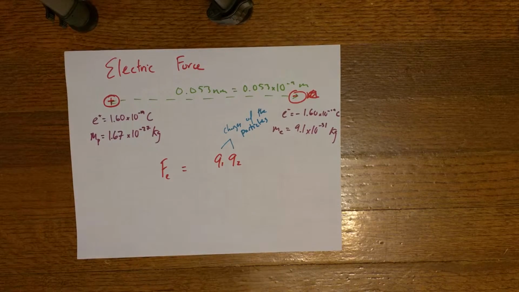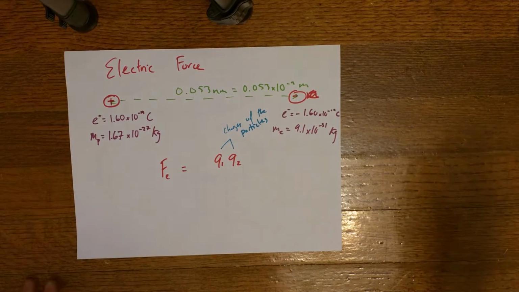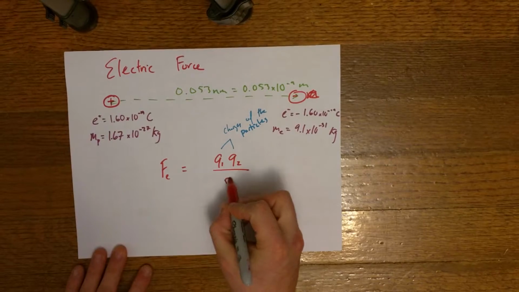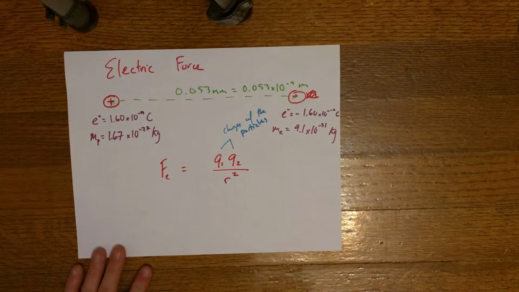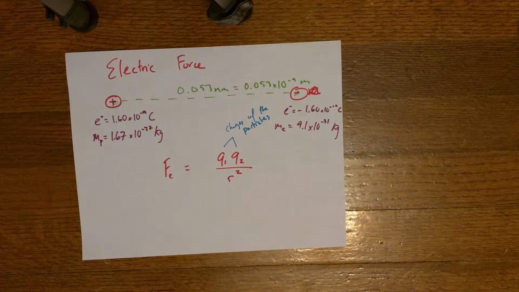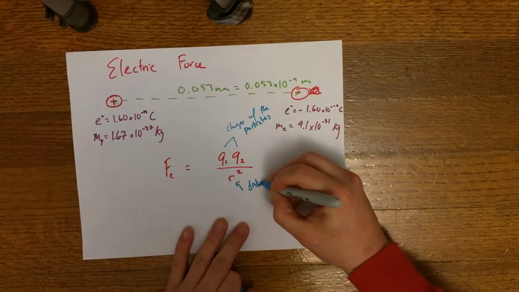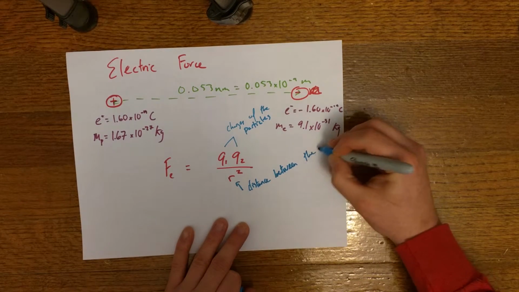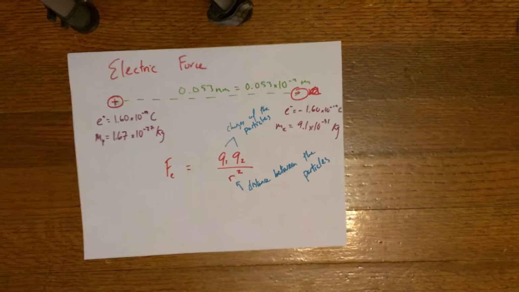It should make sense that if you separate these particles, the force goes down, meaning that this variable r will be in the denominator, and that r is squared. So that is the distance between the particles.